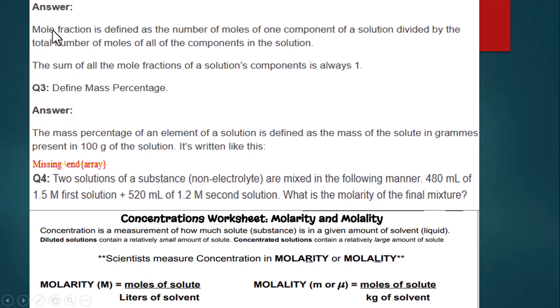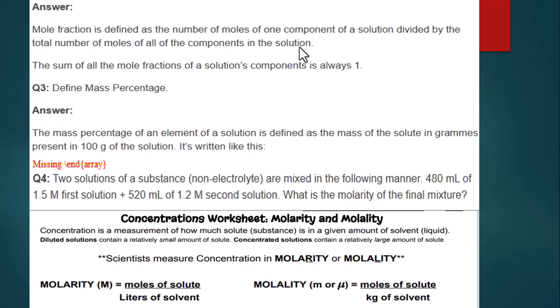Mole fraction is defined as the number of moles of one component of a solution divided by the total number of moles of all the components in the solution. All right, so we are so much interested in the fraction of the moles that are found inside of a solvent.